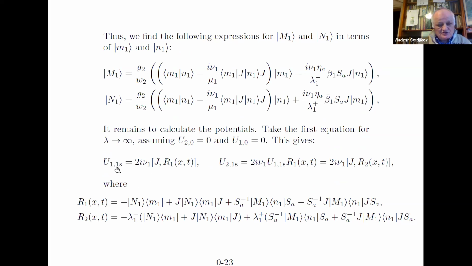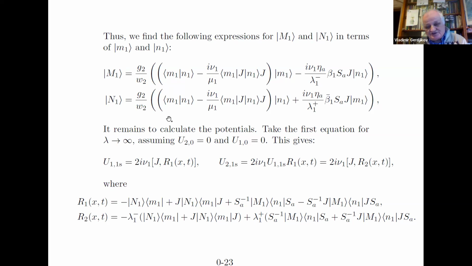So the one soliton expression for u1 is twice i nu 1, the commutator of J with capital R1. Capital R1 is put here, and now we have to replace the M1 and N1 by these expressions.